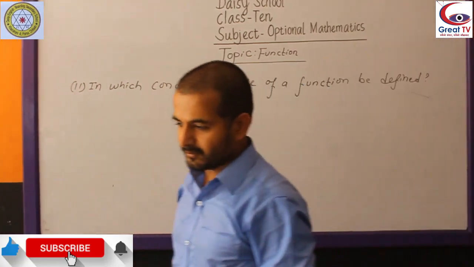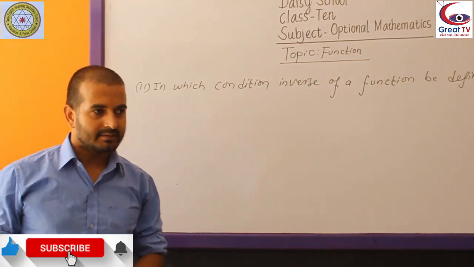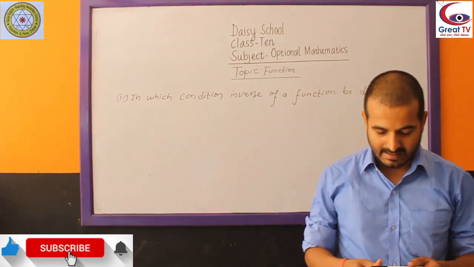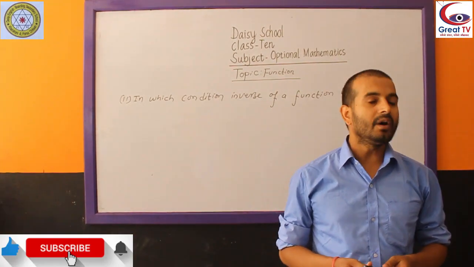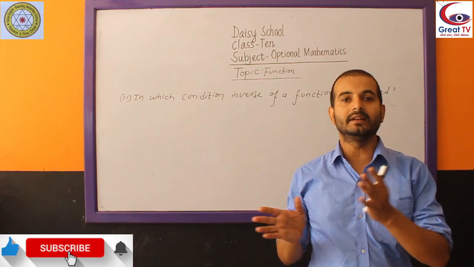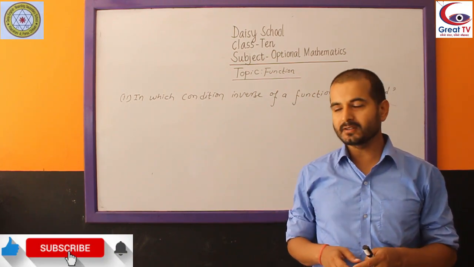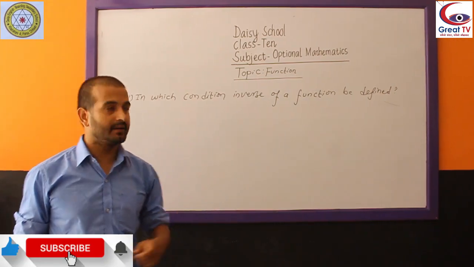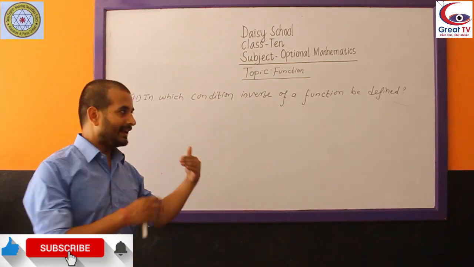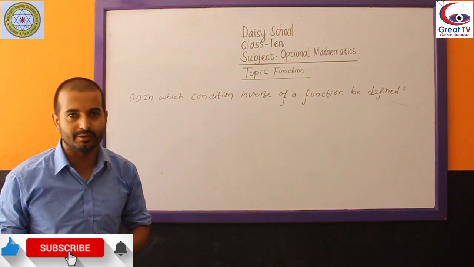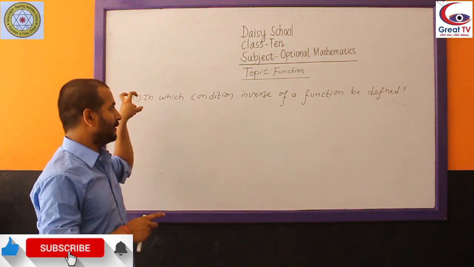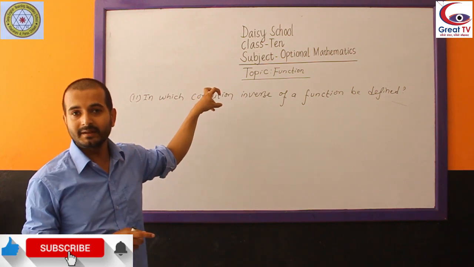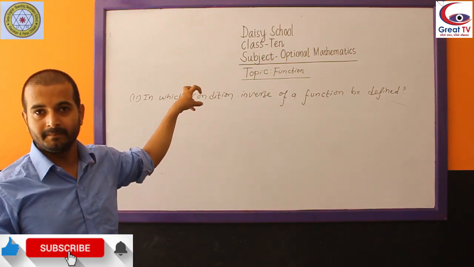Dear students, if you remember from the last class, I said not all functions can be given an inverse. Every function cannot be given an inverse. That is the important one on the inverse function, and I gave you some examples in that class too. We are just making a small note because we need to write it in the exam. Speaking doesn't get the marks in the exam, remember.